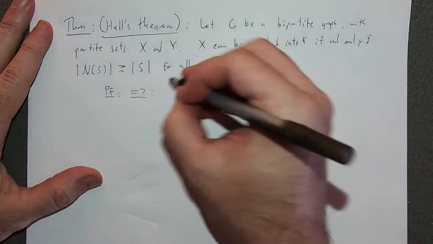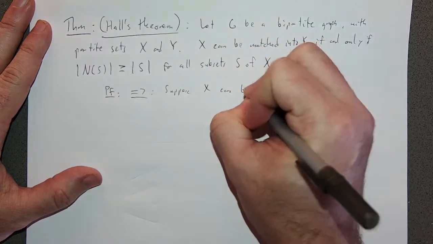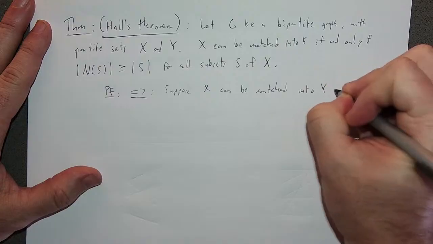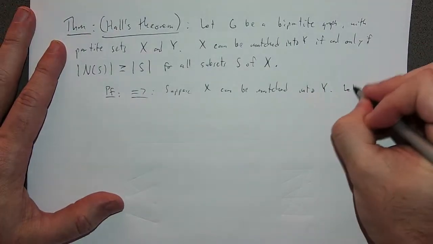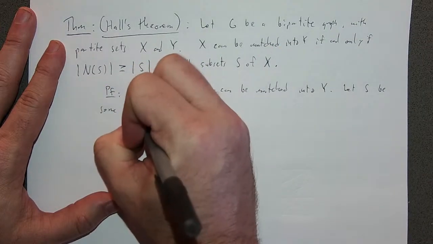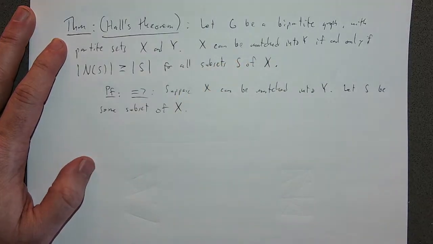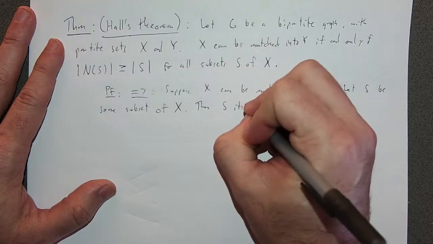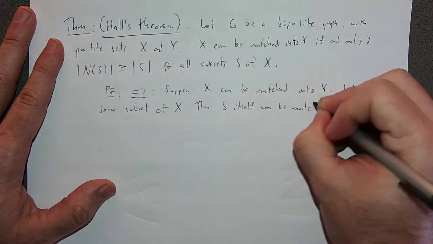Suppose X can be matched into Y. Let S be some subset of X. But then S itself can be matched into Y, by the same matching.